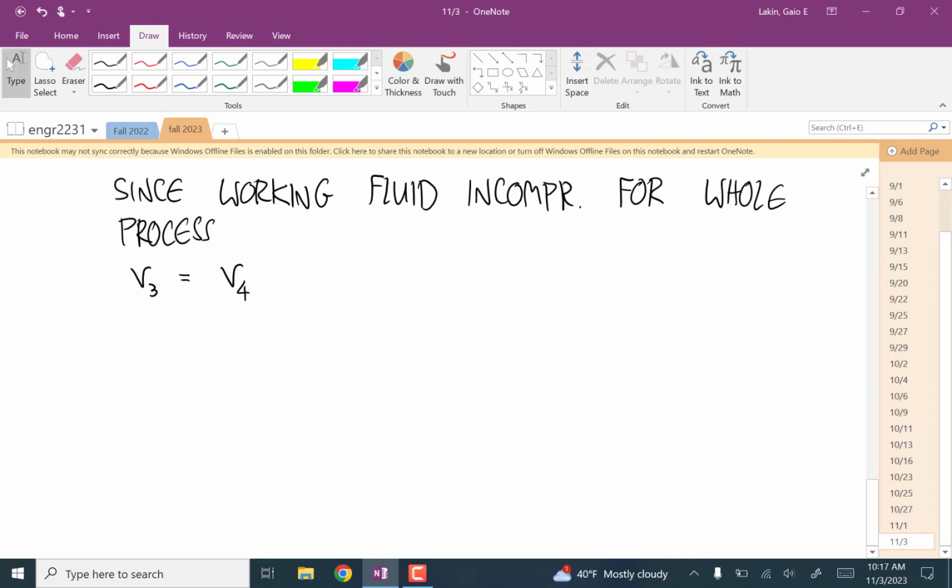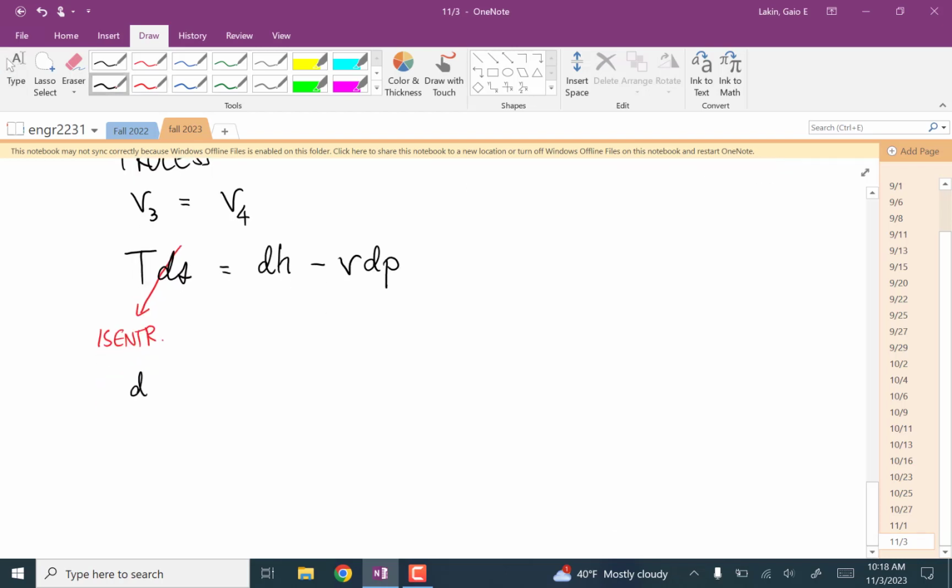And so the second TdS equation says T ds is equal to dH minus V dP. This is an isentropic process, so the T ds term goes away. And so we have dH is equal to V dP.